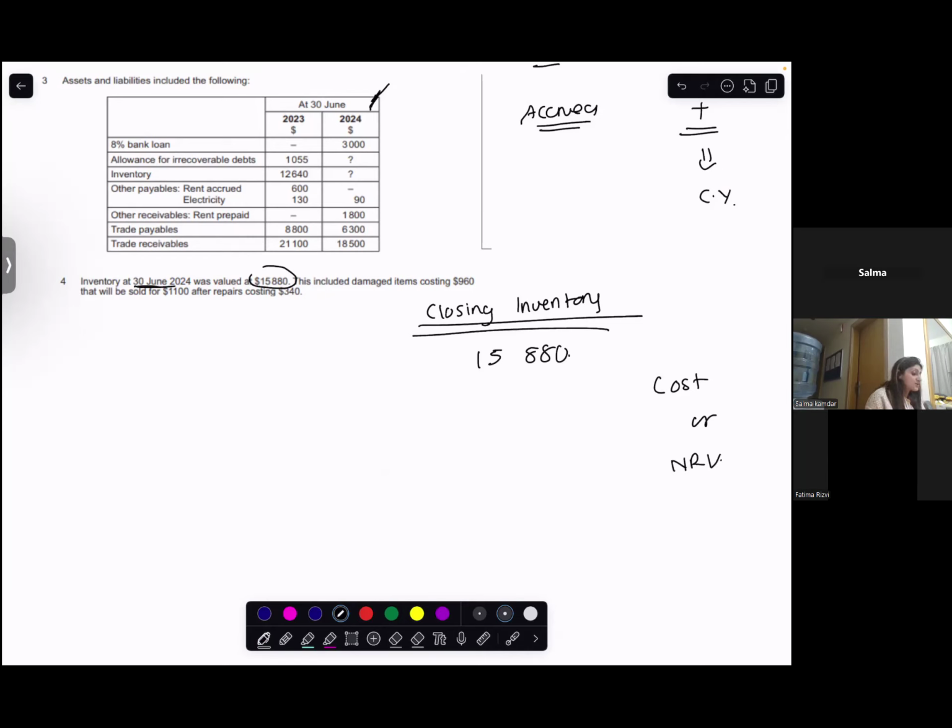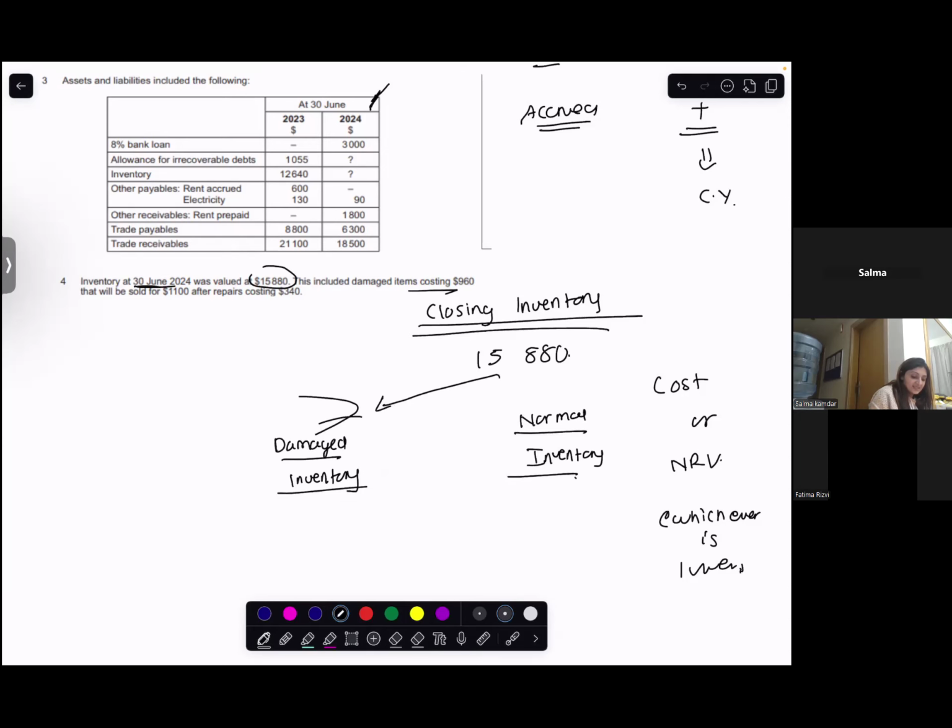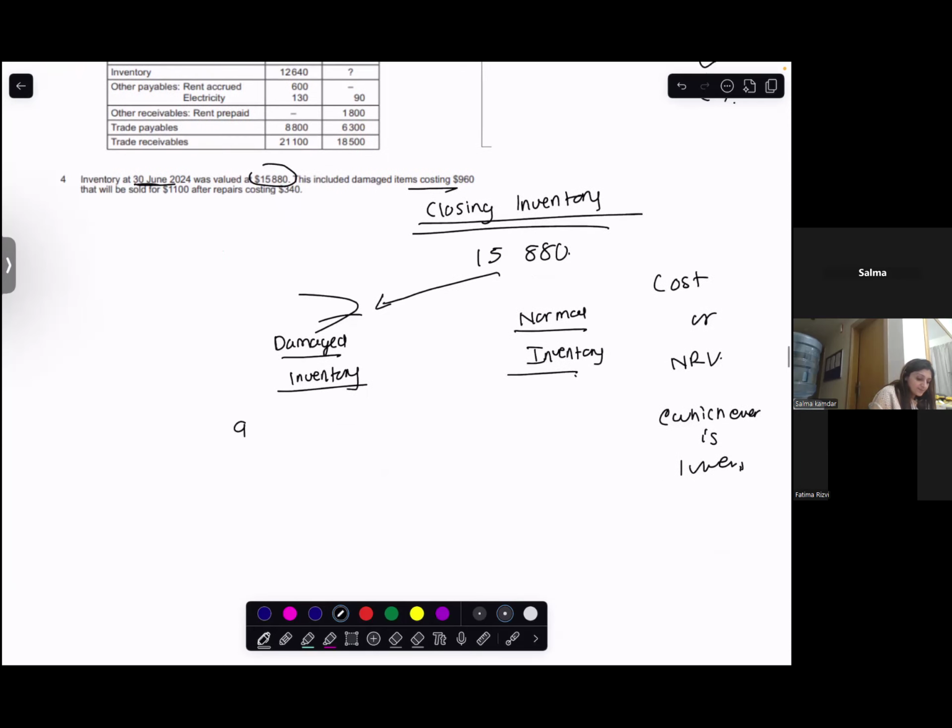It should be valued at cost or NRV, whichever is lower. So this has including a damaged inventory of 960. So I have 15,880, which includes a damaged inventory and it includes normal inventory. Damaged inventory is for how much? Normal inventory is for how much?